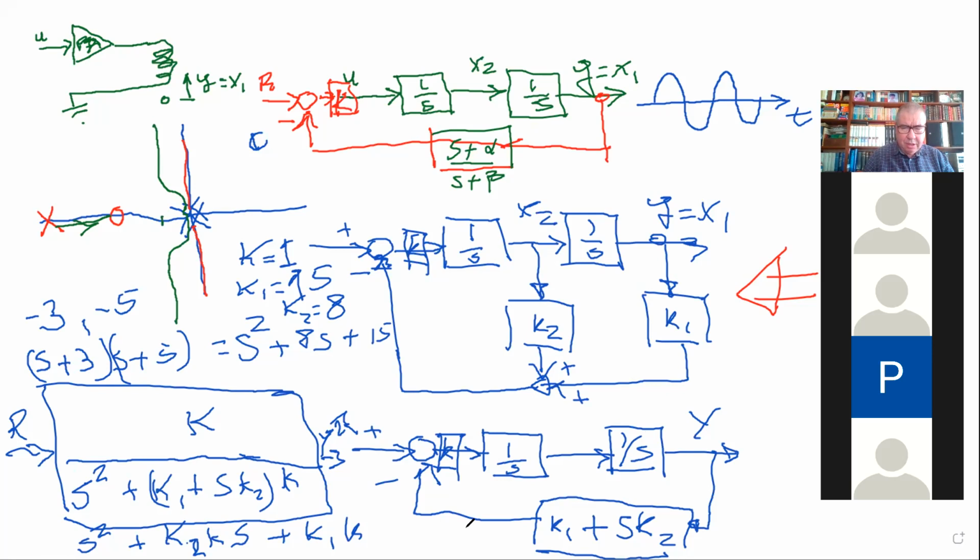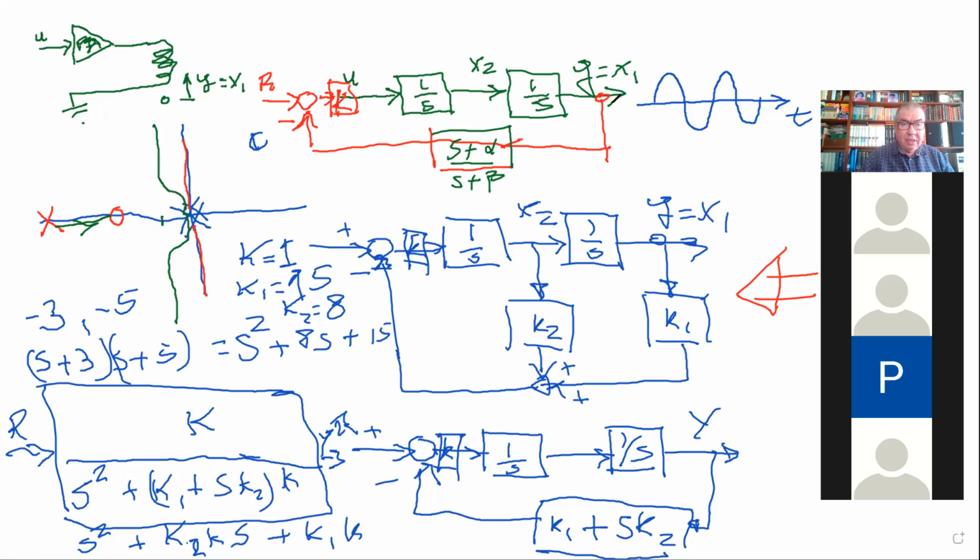Any question about the details? No question. Okay. So what I want to say is, x1 and x2 form the state, position and velocity in this case. This is a second order system. And by feeding back the state, we could place the poles where we wanted, at least in this case.